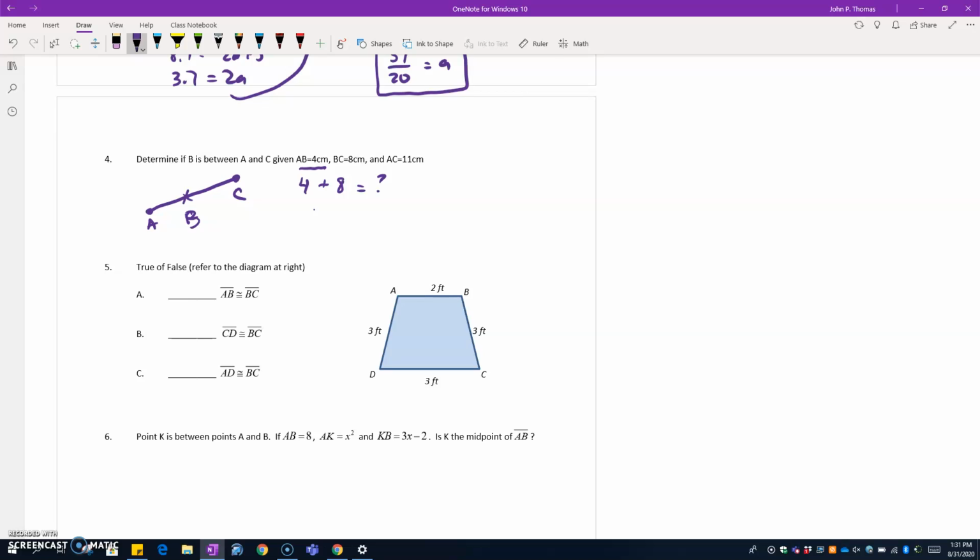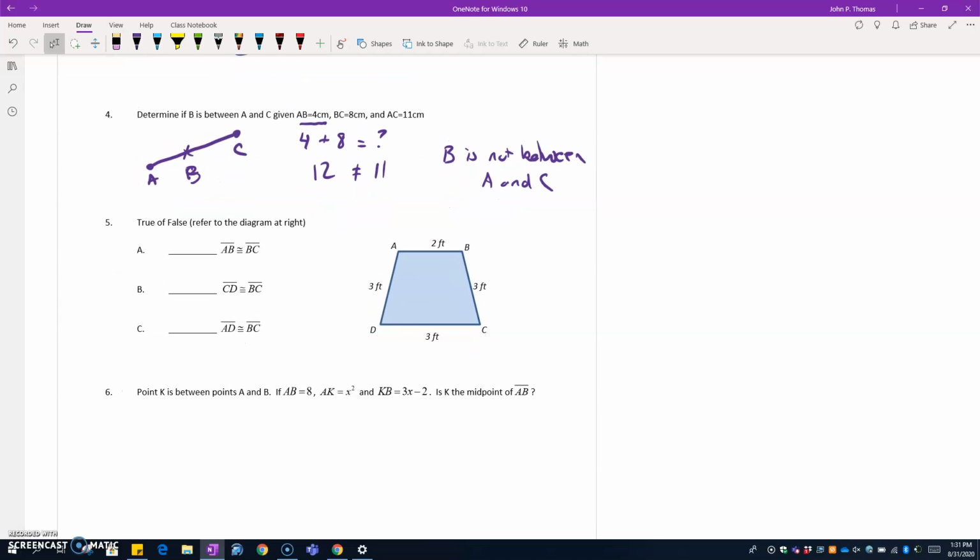If I add 4 and 8 together, I get 12, which is not equal to 11. So we could say B is not between A and C.